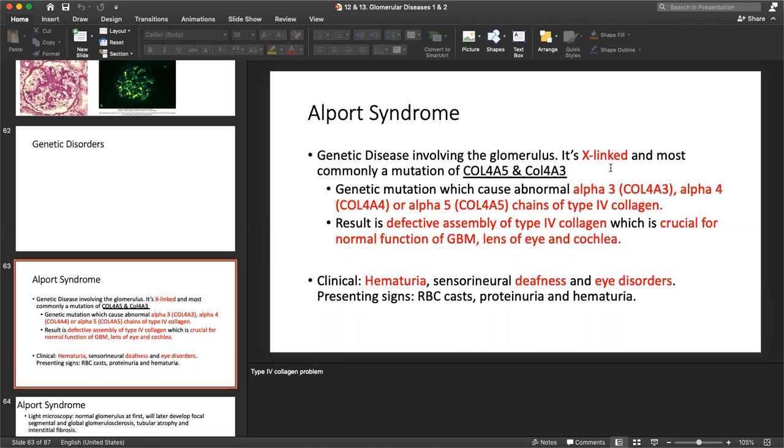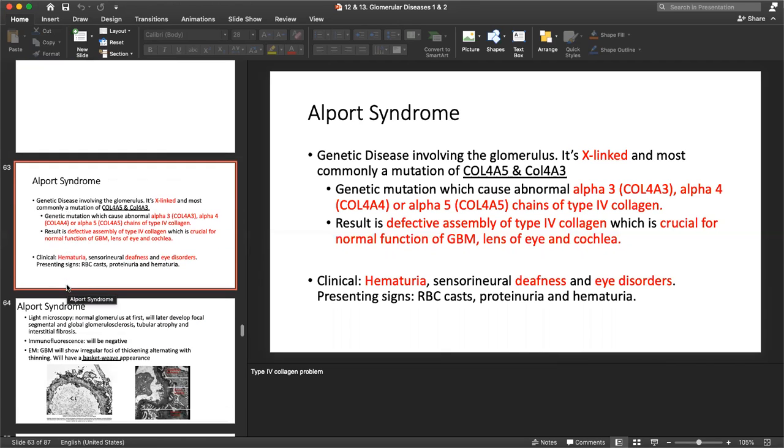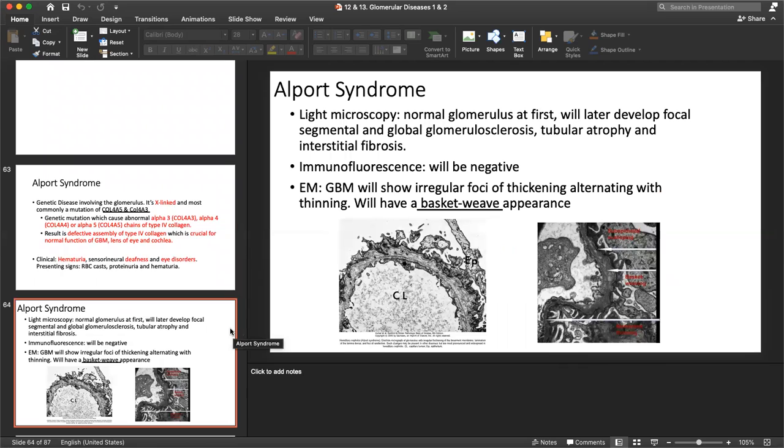It's going to have that COL4A5, COL4A3. It's X-linked. And it's type 4 collagen, which is very important in the kidney, eye, and the cochlea. So on light microscopy, it's going to be normal, and then it's going to look more like focal segmental. Immunofluorescence, normal.